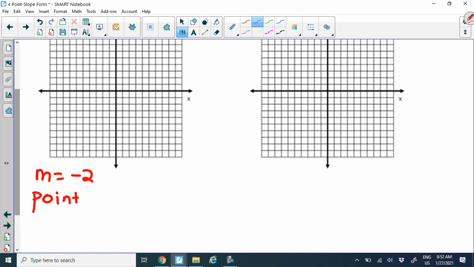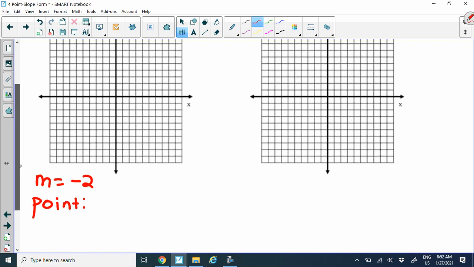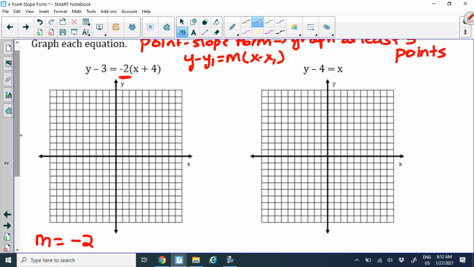Now let's identify the point. Now, when we identify the point, you will need to do the opposite of what you see for your x and y values, okay?